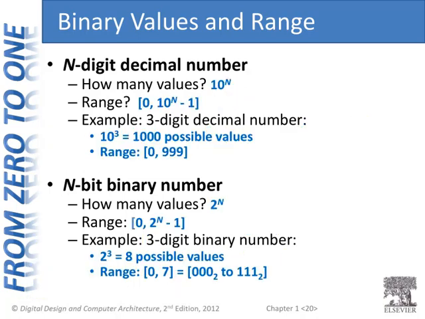Okay, so here we have written out nicely what we just figured out from the prior slide. So the number of values we can represent for an n-bit decimal number and the range of that n-bit decimal number, as well as the same values, the number of values you can represent and the range for an n-bit binary number. So now we can basically take what we've been doing and write it in mathematical form.